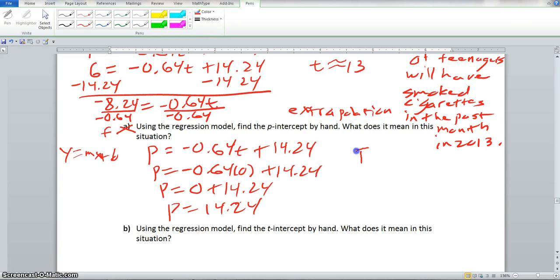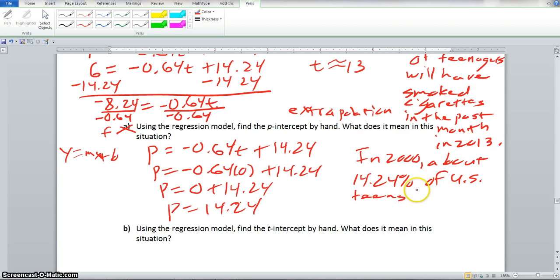So this means in 2000, about 14.24% of U.S. teens had smoked cigarettes in the past month.